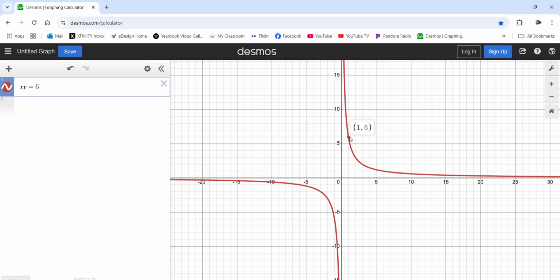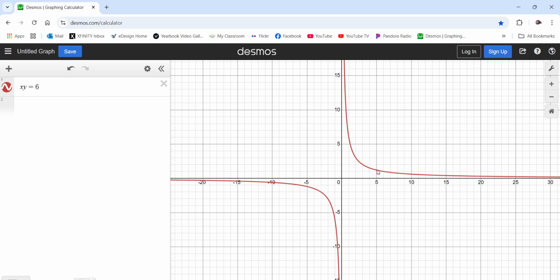What if I put a 6 in there? What if I put a 6 in for x? 6 times y, so 6y equals 6. What's y? It's 1. So if I go over here to 6, what should it give me? It should give me a 6, 1. Do you see that? So there's your mirror image.